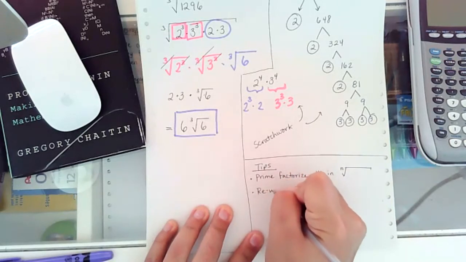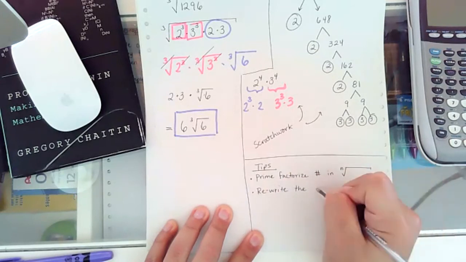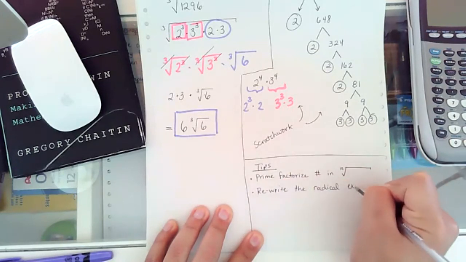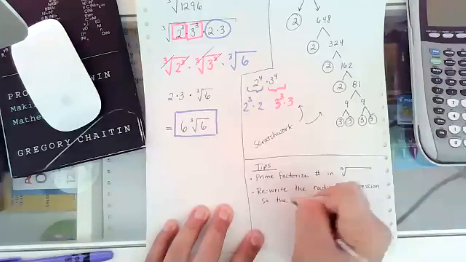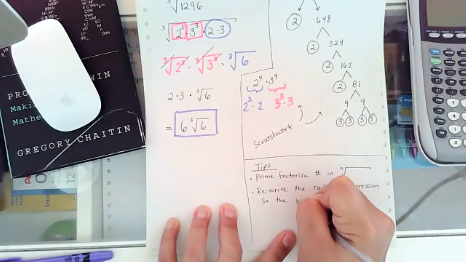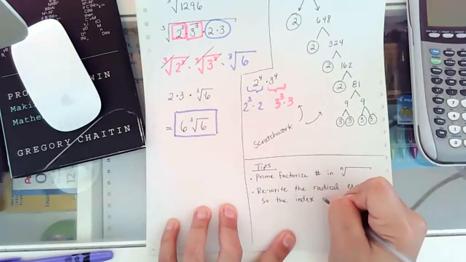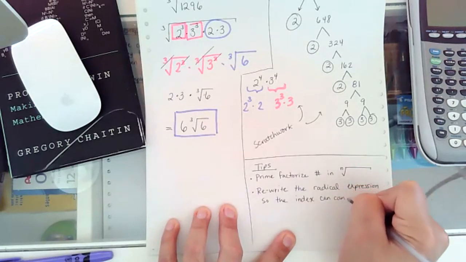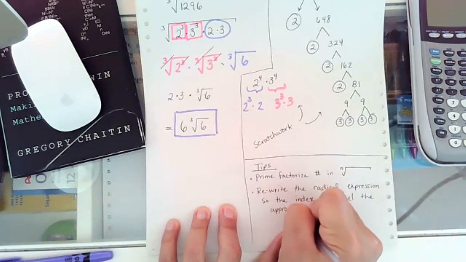Then you're going to rewrite the radical expression so the index can cancel the appropriate power.